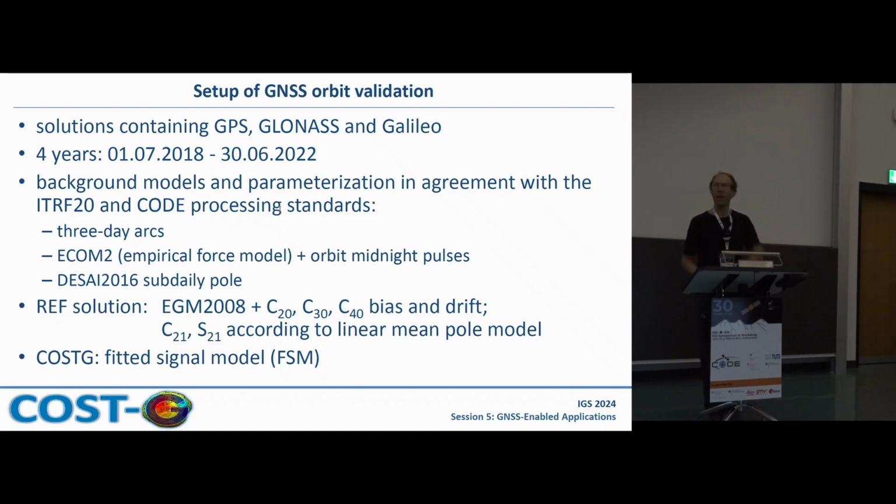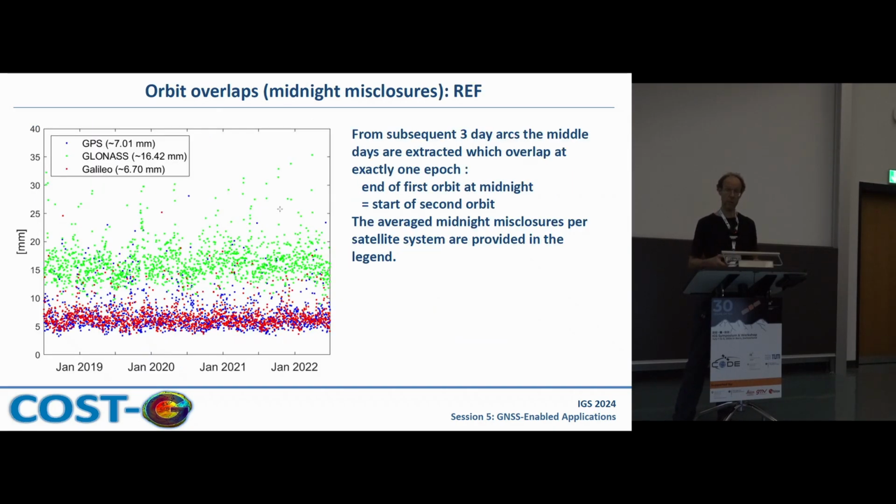Does it also help for the high-flying satellites? So we know GNSS are at a much higher altitude. Emilio did a comparison of orbit fits also for high-flying satellites, used the standard parameterization processing at the CODE analysis center, and computed 3-day arcs on the one hand based on the reference gravity field EGM 2008, also including drifts for the very low zonal harmonics C20, C30, and C40.